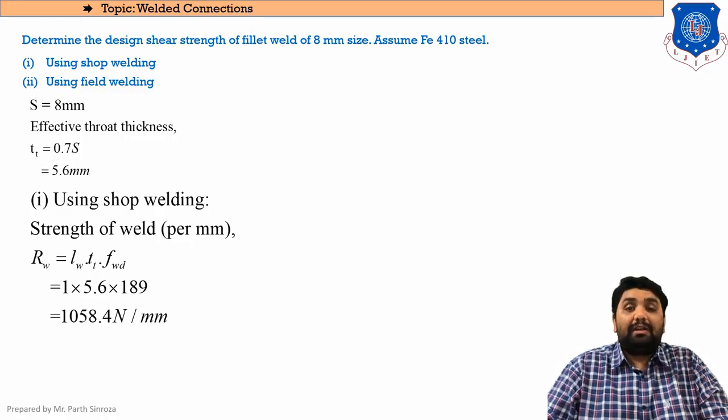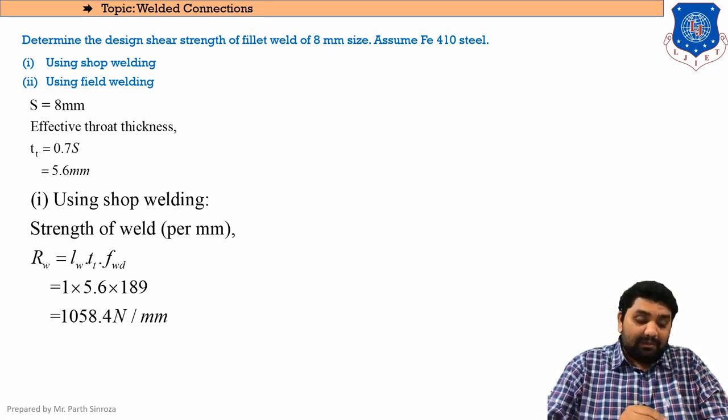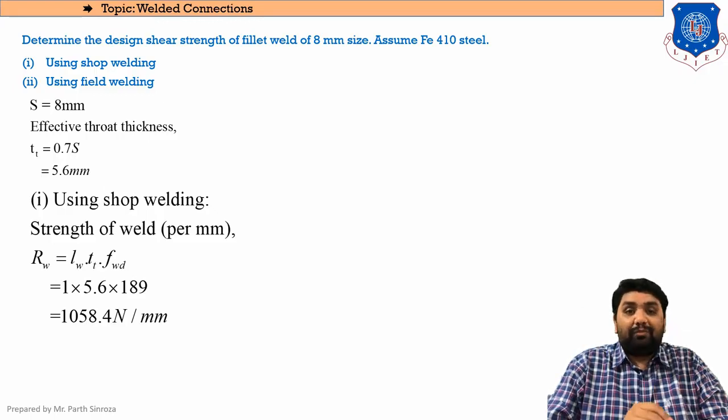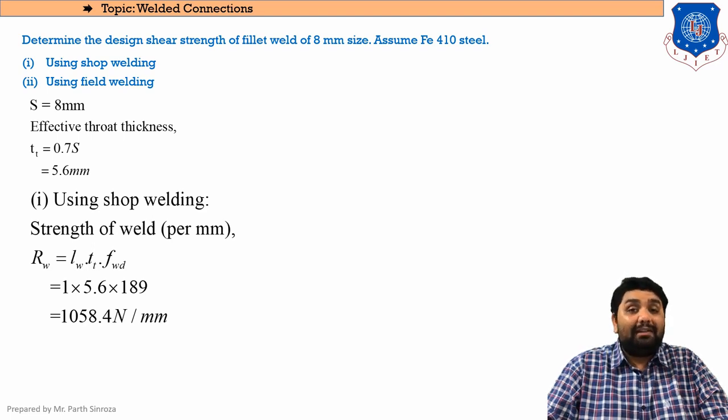So here the P force, that was our total force, I have substituted it by Rw as it is the strength of weld. Clear? You can still mention it P, there is no issue in that. So the equation here becomes Rw equal to Lw into throat thickness into FWD. Lw will be our length of weld. Here keep in mind we are not finding the length of weld, we are just comparing our two welds, that is shop weld and field weld.